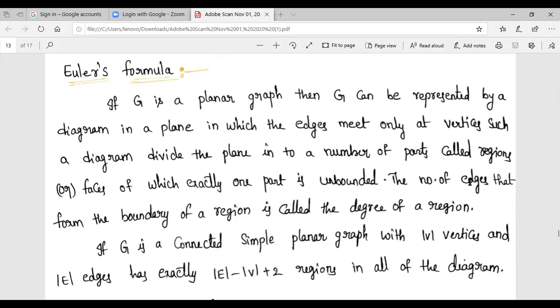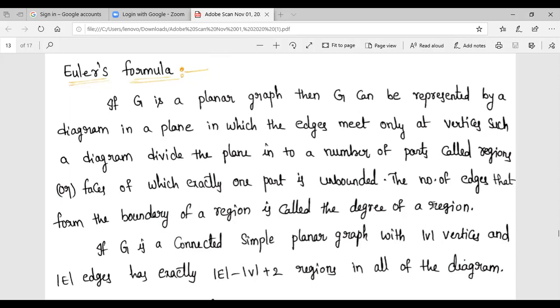The number of edges that form the boundary of a region is called the degree of a region. Okay.